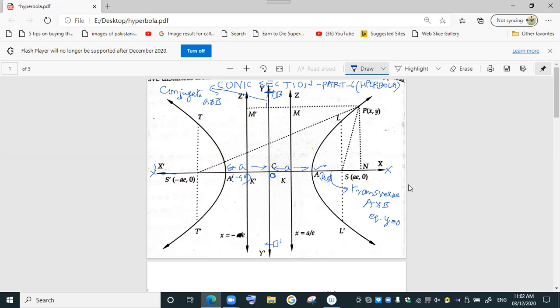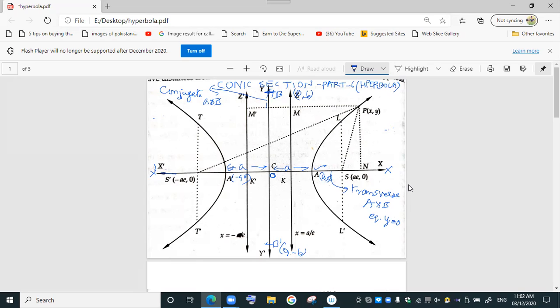So on the y-axis this will be -b; the x-coordinate is 0, so the points are (0, -b) and (0, b). These are the vertices of the conjugate axis.